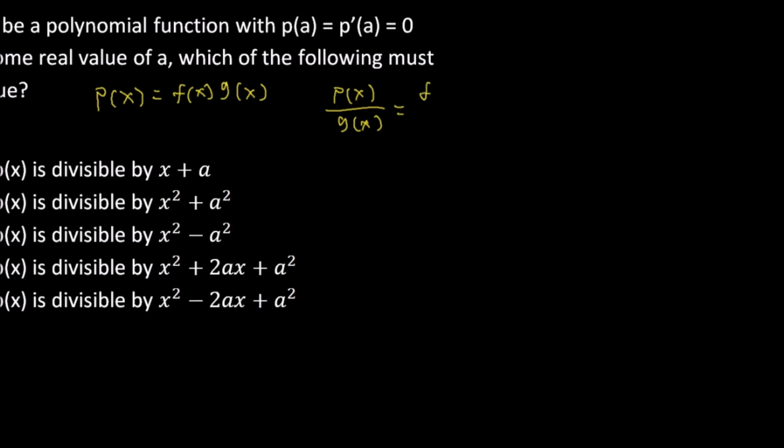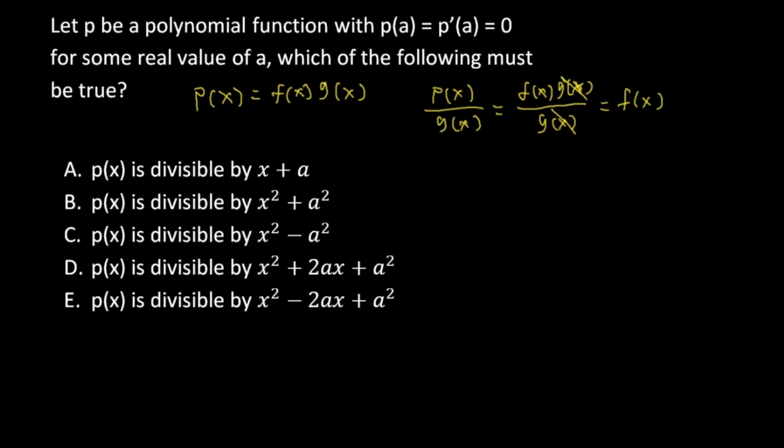We can see that this way. We said that p at x is f at x times g at x, divided by g at x. What that means is g at x cancels out, and I have f at x. Then p at x is divisible by g at x, and the answer is f at x. So that's the thought process.